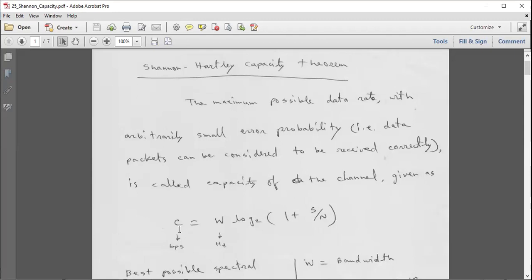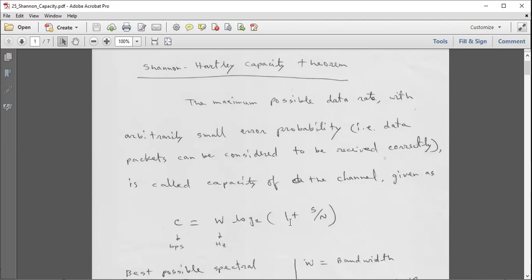Very simple formula. C on the left side is the digital data rate in bps, and then W, sometimes shown as B, is the spectrum, or I mean the range of frequency in hertz that you are using for sending this data.